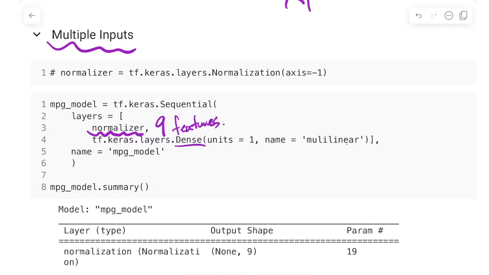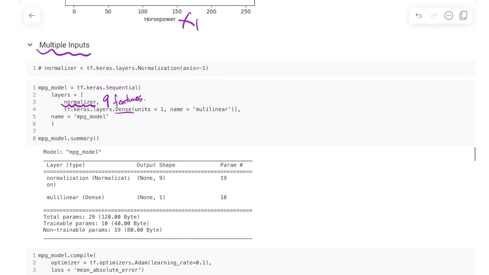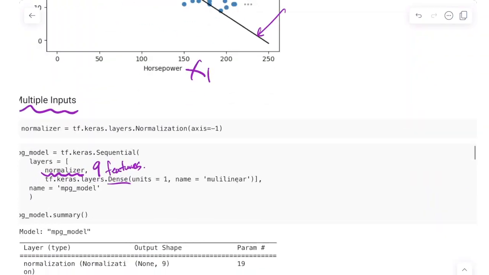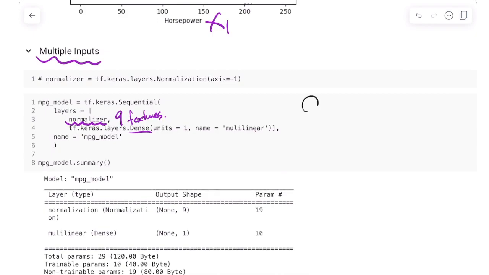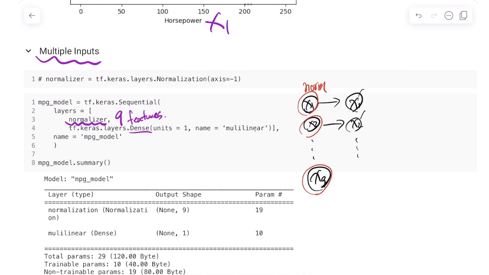And again, we have a dense layer. So I can draw a figure for you. For example, we have 9 different input values, right? We have a normalizer for each, and it will output the scaled features. And we have the dense layer, right? The unit is 1, so we have 1 y right here.